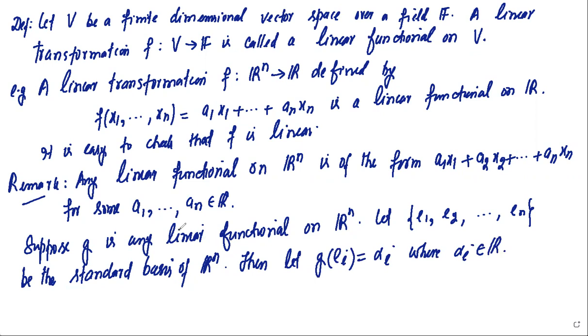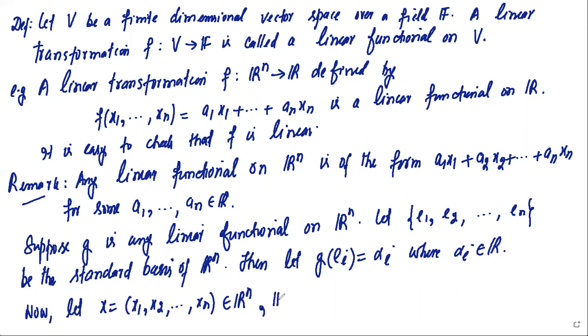Now since e1, e2, en is a basis of Rn, if we choose any vector x in Rn, then that x can be written as a linear combination of these basis vectors. So now let x equal x1, x2, so on, xn belong to Rn.